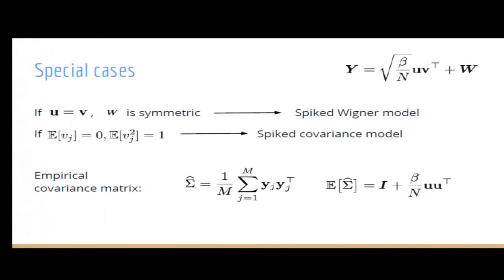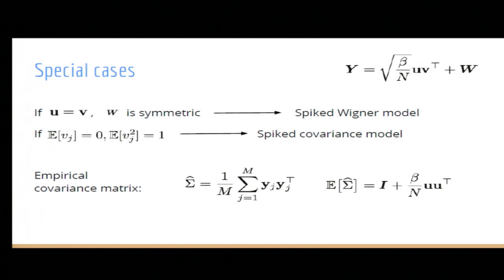Some special cases. If U is equal to V and W is symmetric, this is called the spiked Wigner model. It is a slightly simpler model, and we've been able to analyze it very accurately in previous work. Now, let's suppose that V is also a component that we don't care about, it's just noise, we only care about U, and we assume that V has zero mean and unit variance.